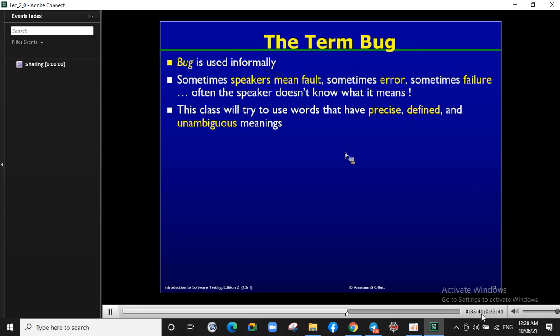The other term that is used informally in some texts and informal speaking is the term bug. The term bug is sometimes used instead of fault, sometimes instead of error, and sometimes means failure in informal speaking or informal text published daily in software testing concepts.